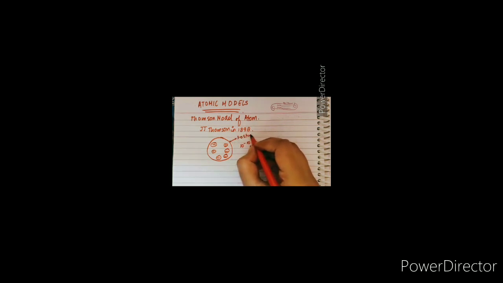This model can be visualized as a pudding or a watermelon of positive charge with plums and seeds. Like in a watermelon, the seeds act as electrons, and in a pudding the plums act as electrons.